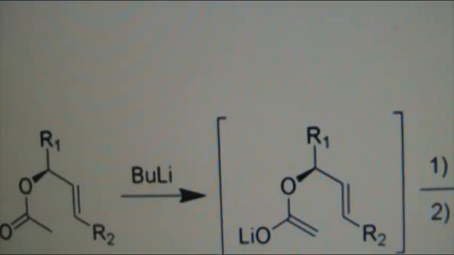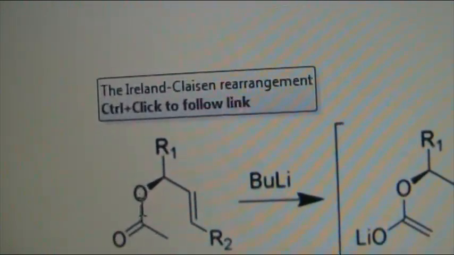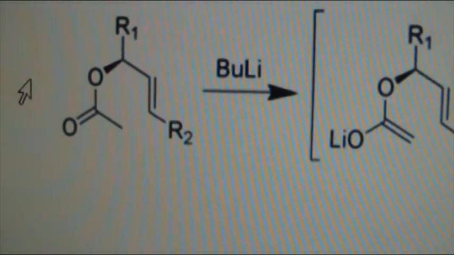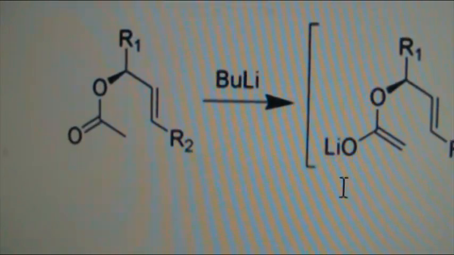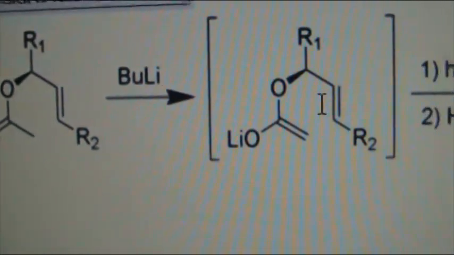In the next reaction, butyl lithium, using a polar proton. So you have oxygen here. So this oxygen is going to do something. If you use butyl lithium, this oxygen is a lithium now. Then what? Heat.